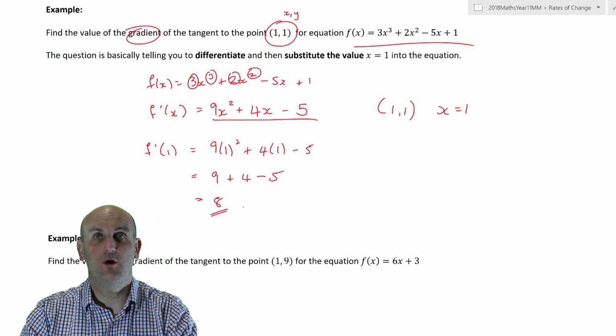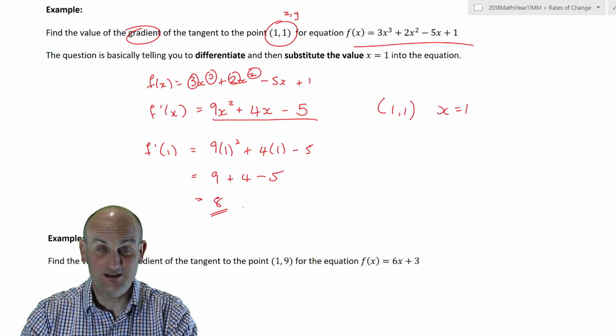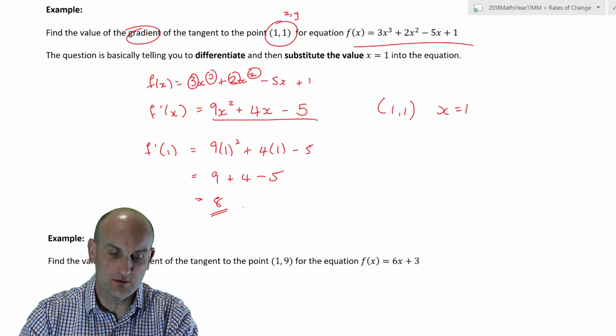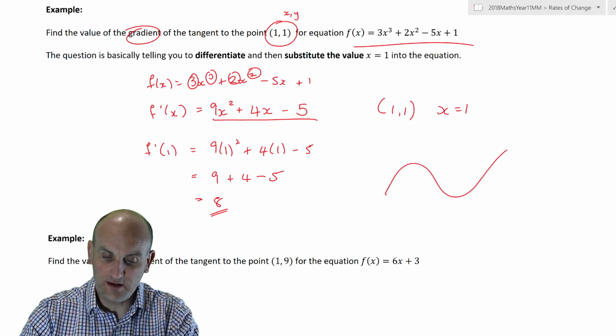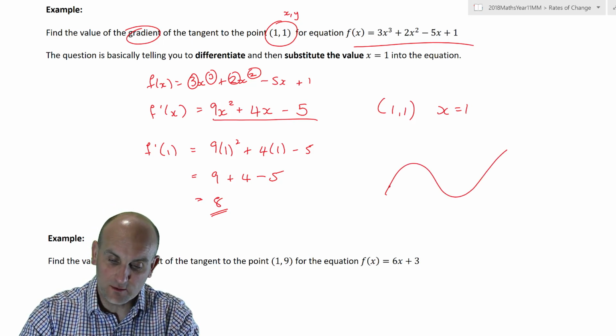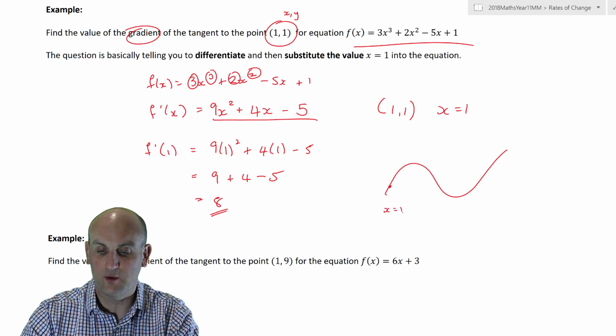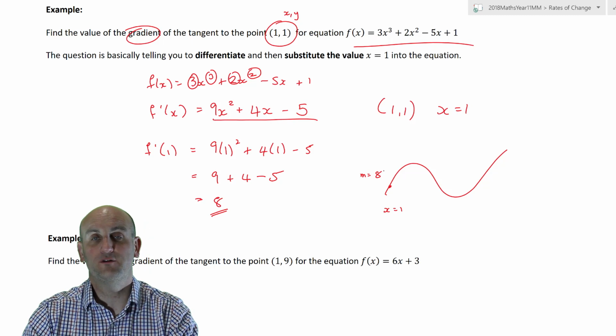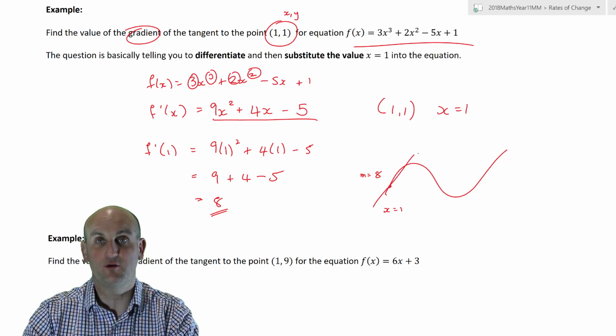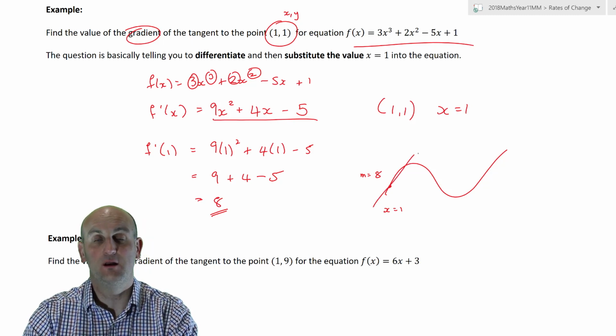So the value of the gradient of the tangent at that point, so whatever this graph looks like, and wherever the x value was, let's say x value was 1, if I was to look at this point here where x equals 1, I would know the value of the gradient at that point would be positive 8, which would mean, yep, I've got a tangent to the line with a gradient of 8.